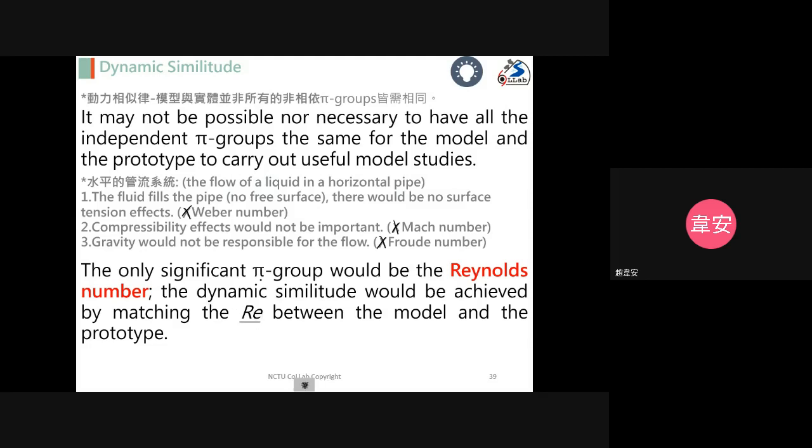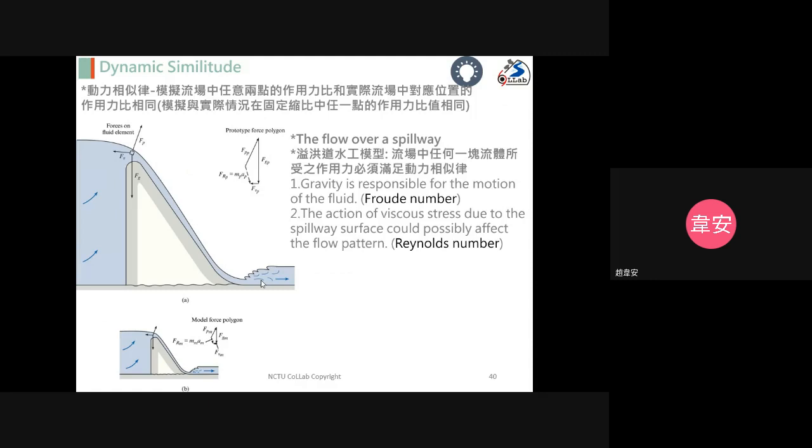This is one of the exercises to introduce how to use the Reynolds number or the Froude number to satisfy the dynamic similitude.